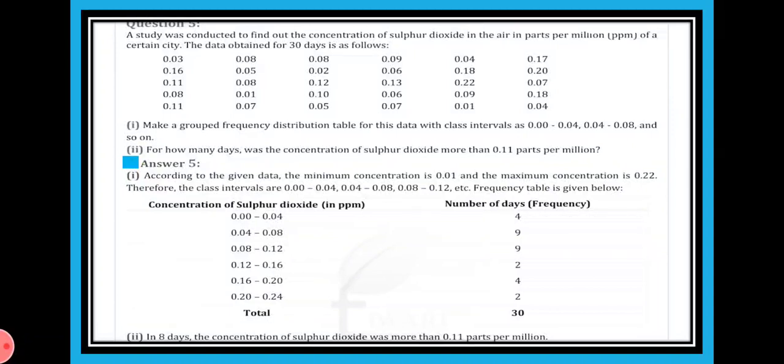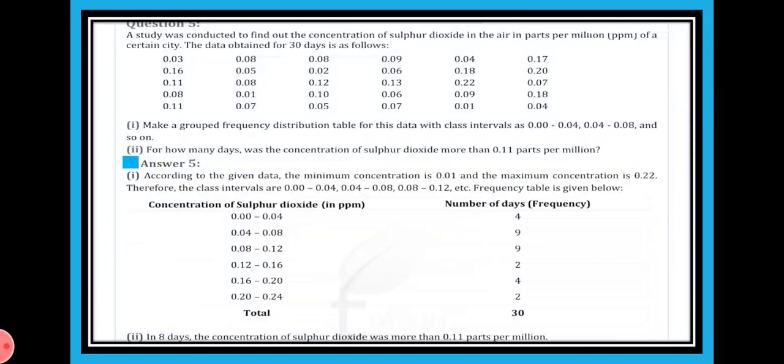Now you have to check the respective frequencies. You count from the given data how many days have a concentration of sulfur dioxide between 0.00 and 0.04. The frequency for the first class interval, 0.00 to 0.04, is 4.